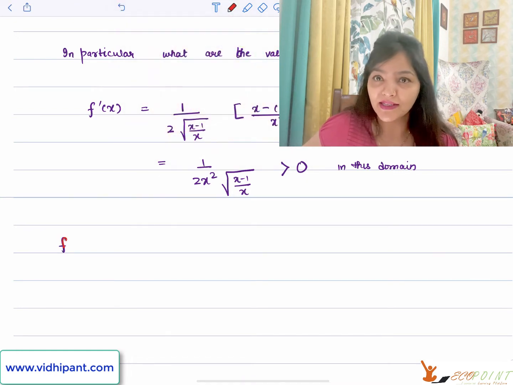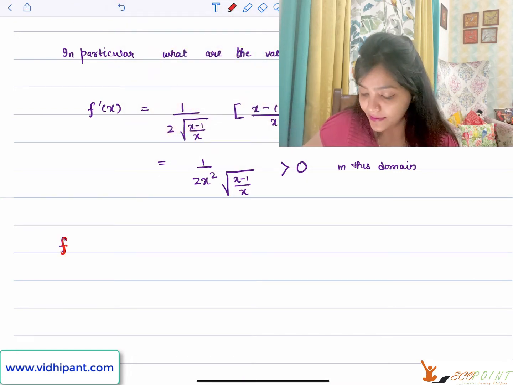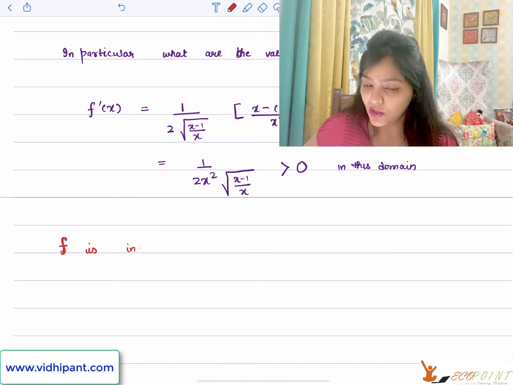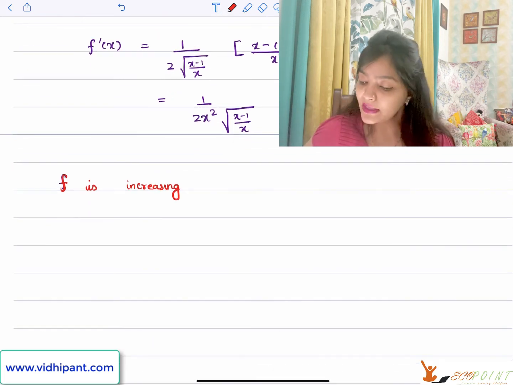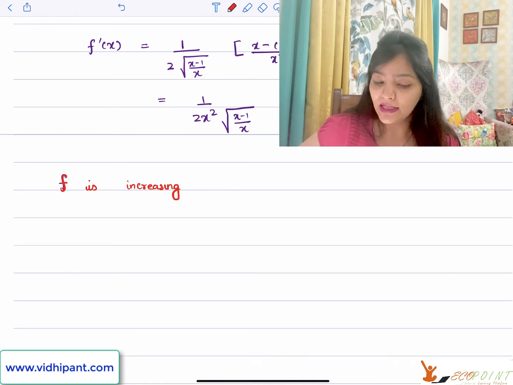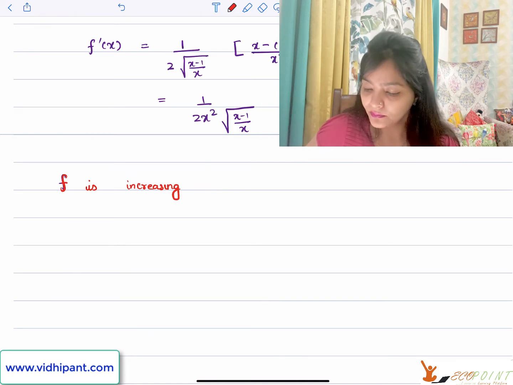It basically means that f is increasing in nature. If f is an increasing function, it will keep on taking bigger values. The value of f(x) will keep on increasing.